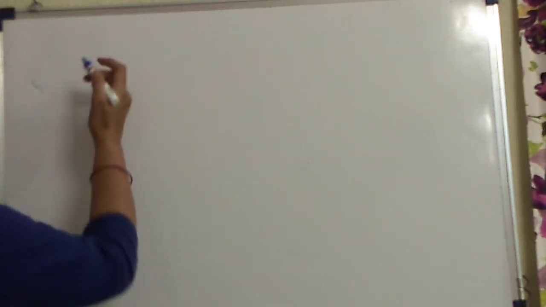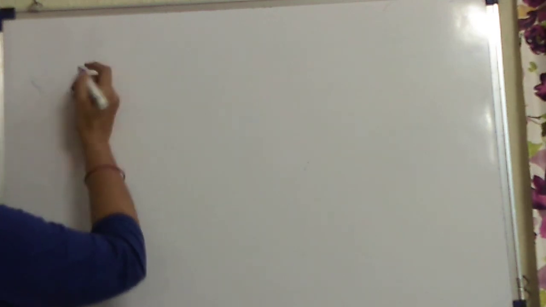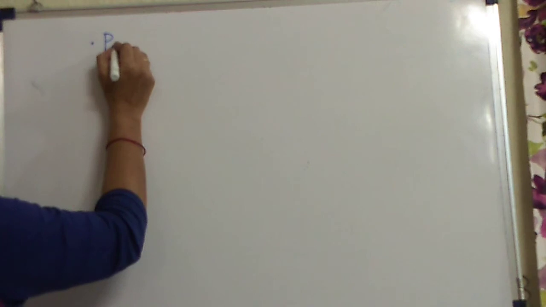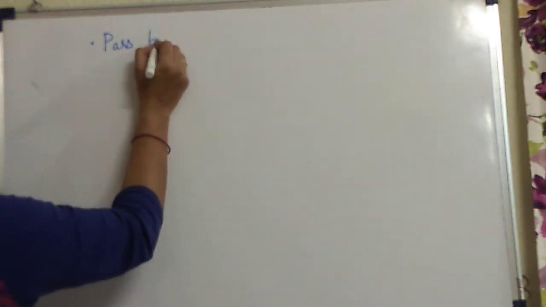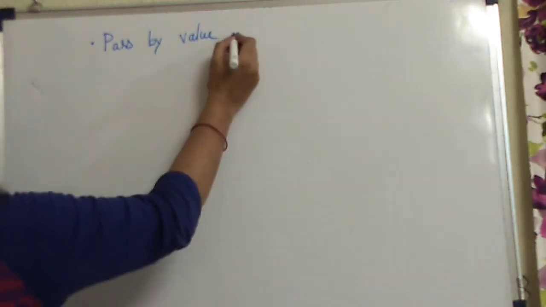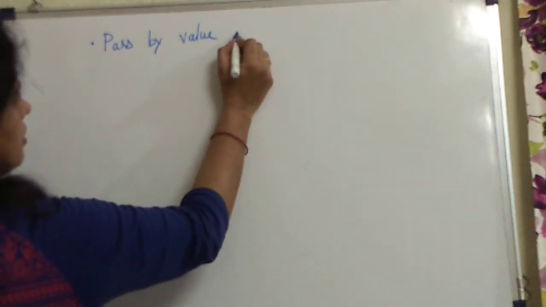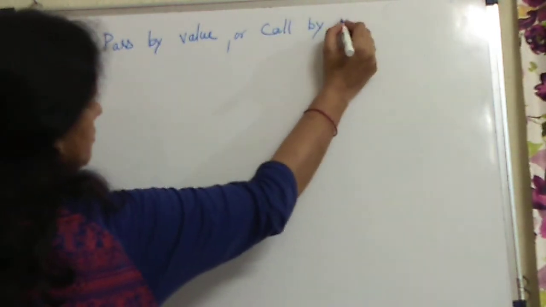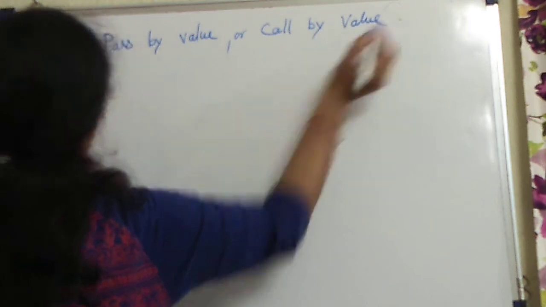So based on this, you can say that there are two ways the function can be called. One way is pass by value or call by value.